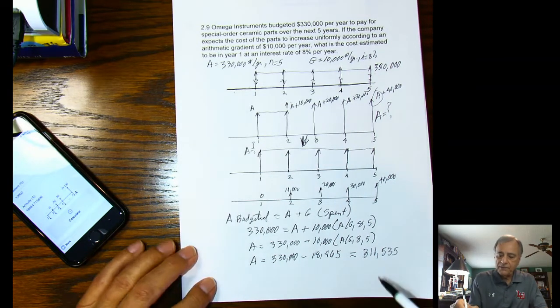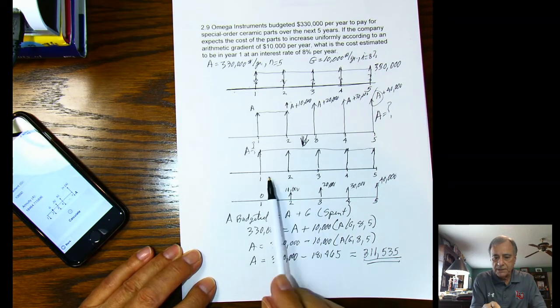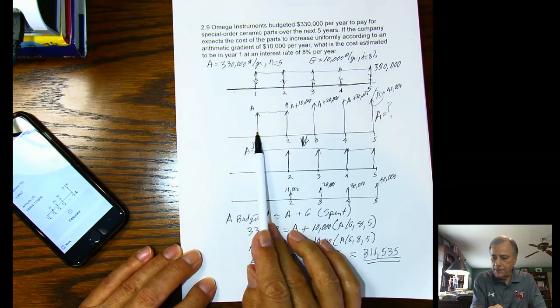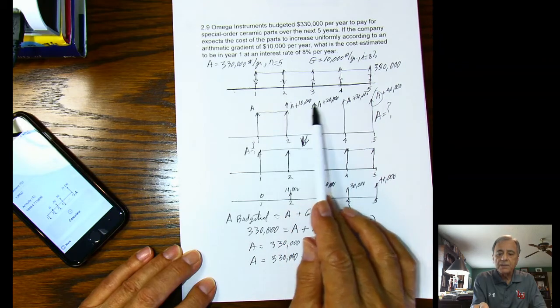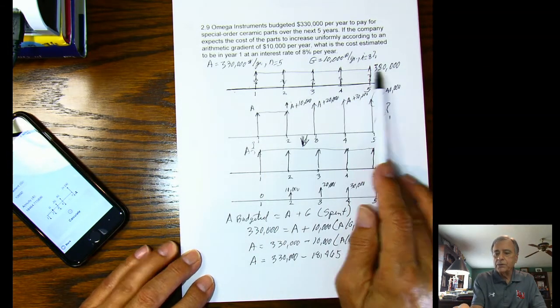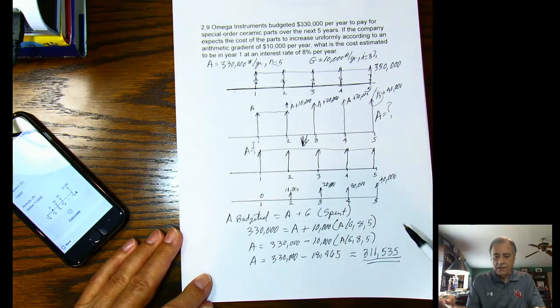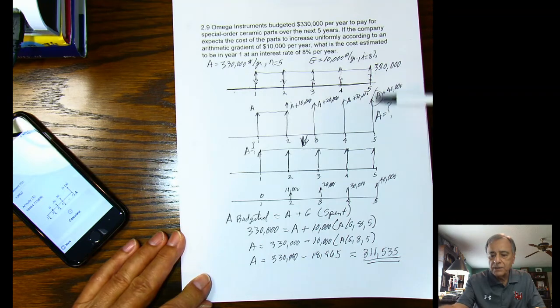So if you have a series that starts at 311,535 and it increases by 10,000 each year, it'll be equivalent to a series of 330,000 a year for 5 years. They would have the same future value, these two series.